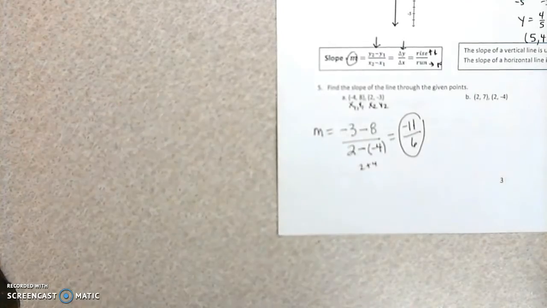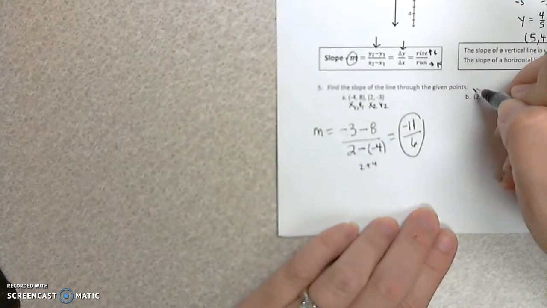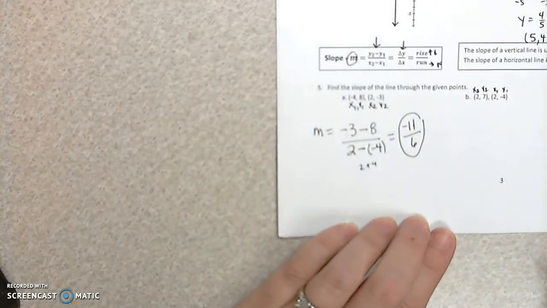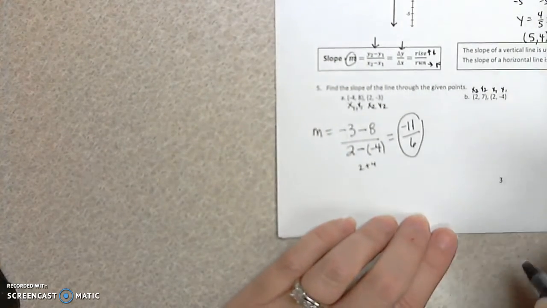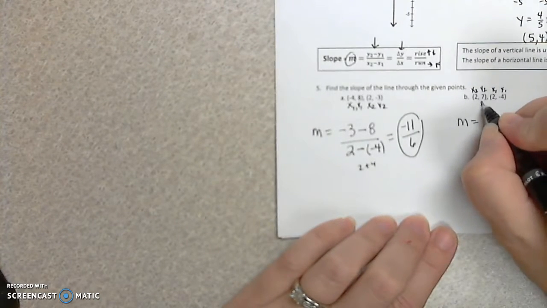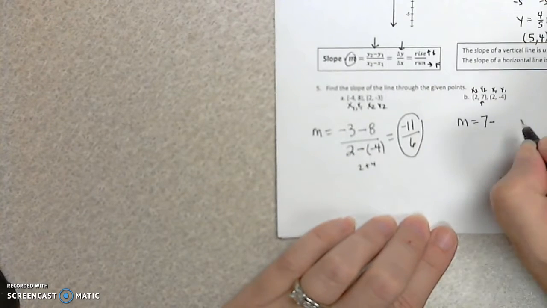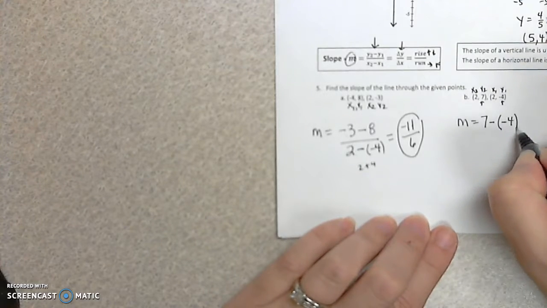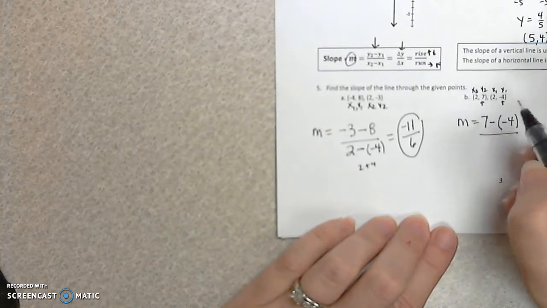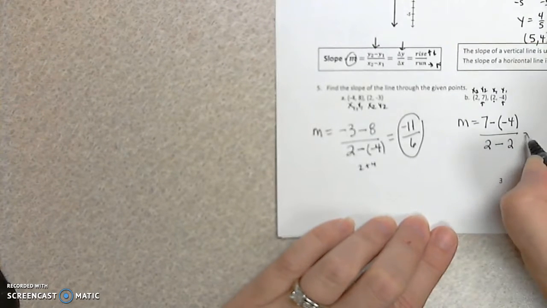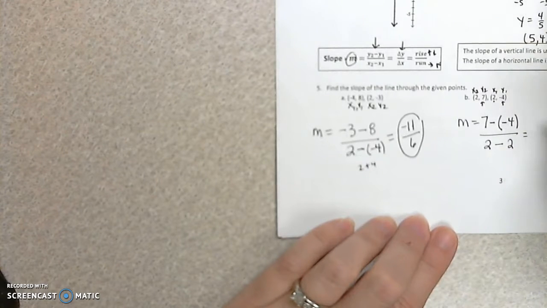Looking at the next one, I may call this one x2, y2, x1, y1. Doesn't matter which one gets the x2, x1. To find my slope, I'm going to say y2, which in this case gives me 7, minus y sub 1, which is negative 4, over x2, which is 2, minus x1, which is also 2. 7 minus negative 4 becomes 7 plus 4, which is 11.